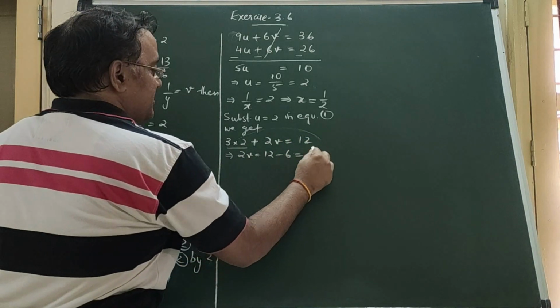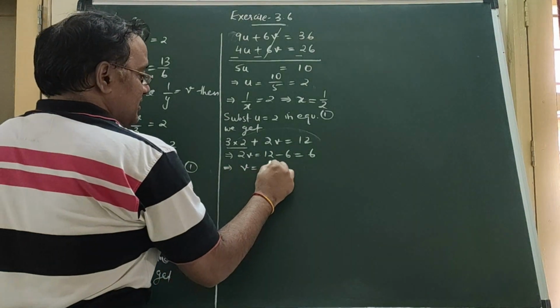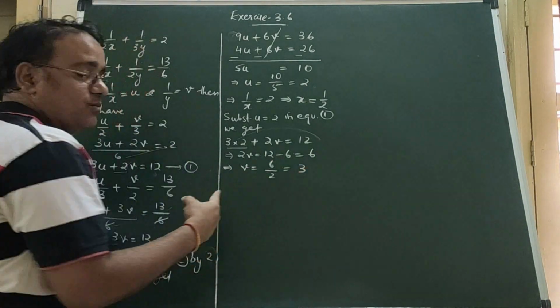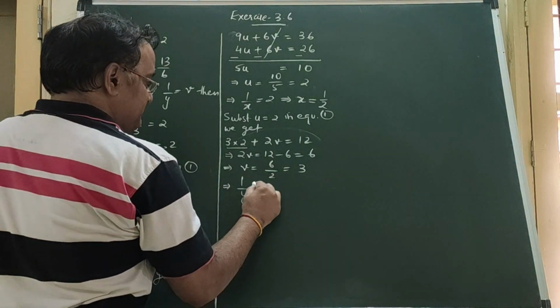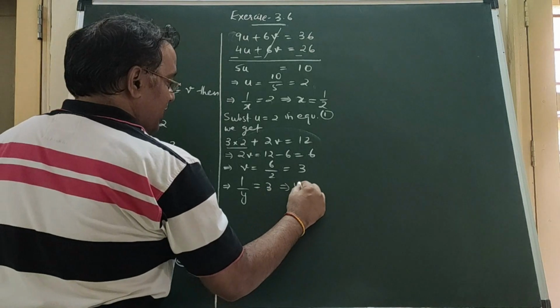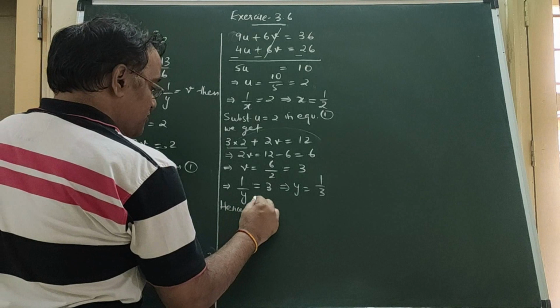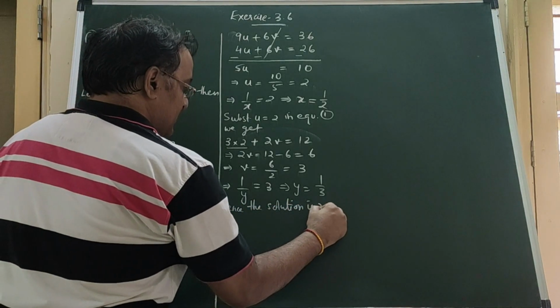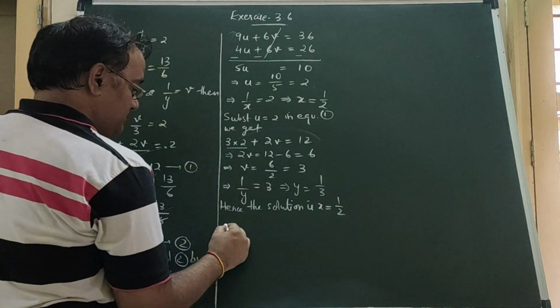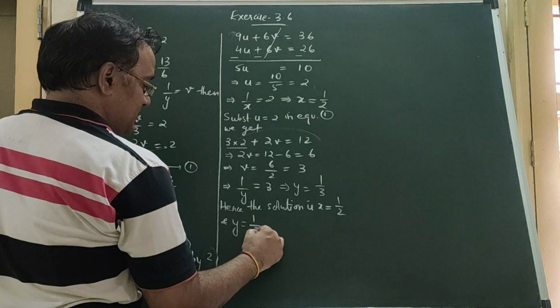So 12 minus 6 is 6. So v is equal to 6 by 2 is 3. But what was v? v क्या था? 1 by y. So y हो जाएगा 1 upon 3. Hence the solution is x is equal to 1 by 2 and y is equal to 1 by 3.